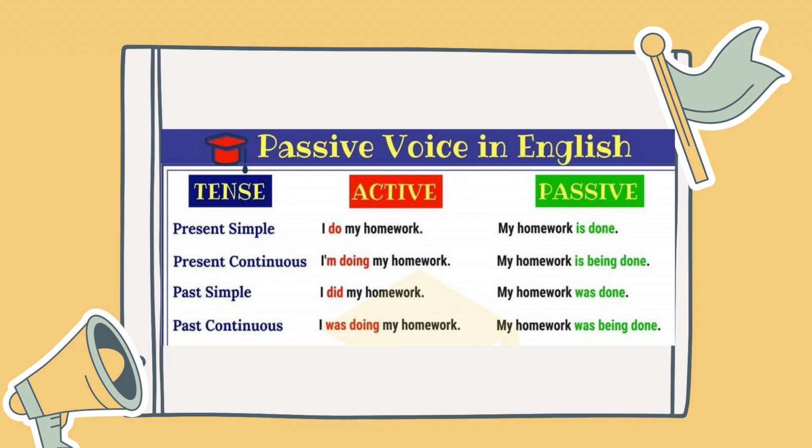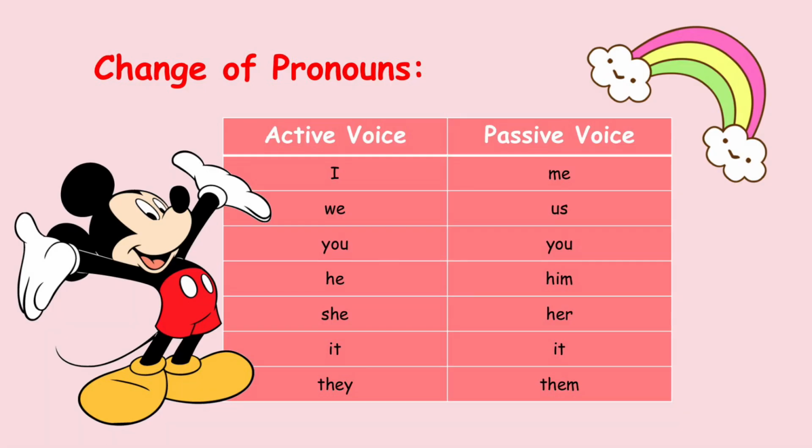Alright, class. I just want you to have a clear understanding of the pronouns. Let us take a look at the changes of pronouns from active voice to the passive voice. In active voice, we use I, we, you, he, she, it, and they.